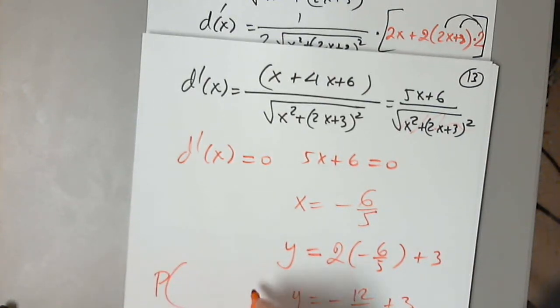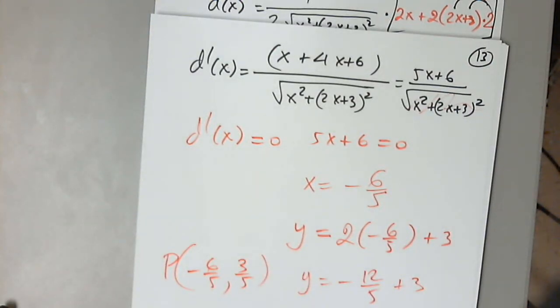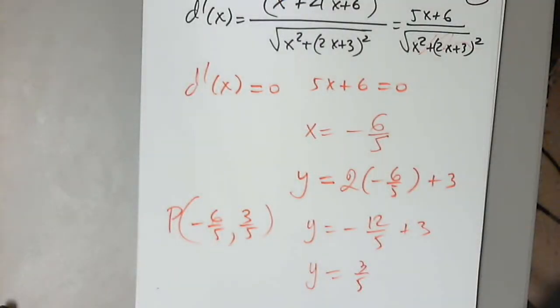So point P, we claim, we don't know that yet. We didn't show that. So we claim that the point P with coordinates negative 6/5 comma 3/5 guarantees a minimum distance. Is the point on the line that is found in the smallest possible distance from the origin.